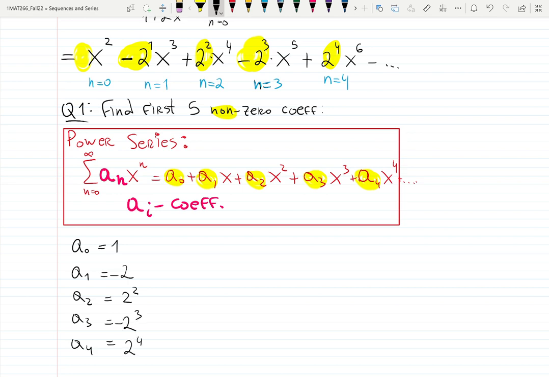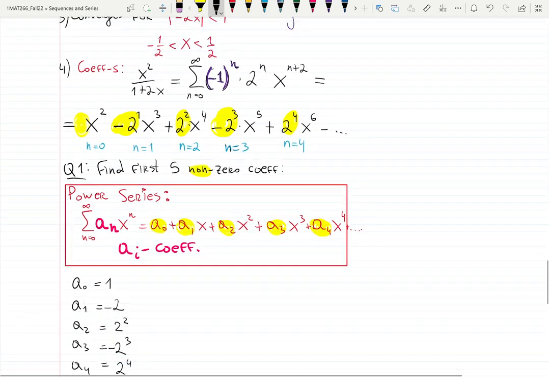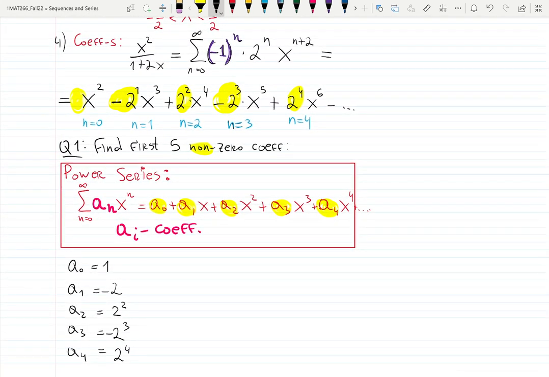And if we want to, we can even figure out the pattern. To be honest, you can sometimes write down the formula for the coefficients. So if you code it in the computer, you tell the computer, okay, just 5 is not enough, give me 1 million coefficients using this formula.